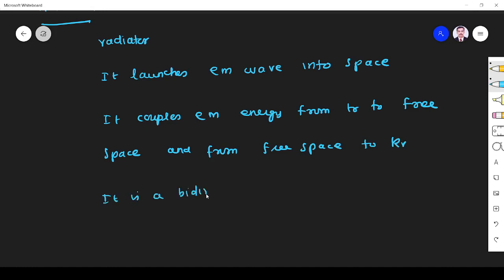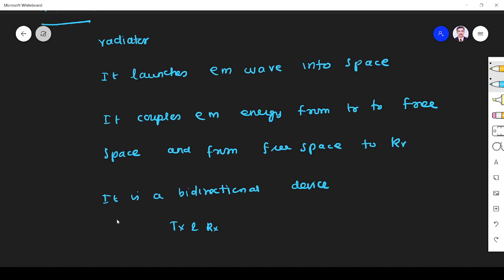What is the meaning? Power can flow through the antenna in both directions. The same antenna can act as both a transmitting antenna and a receiving antenna. That's why it is called a bidirectional device. So this is the first important thing.